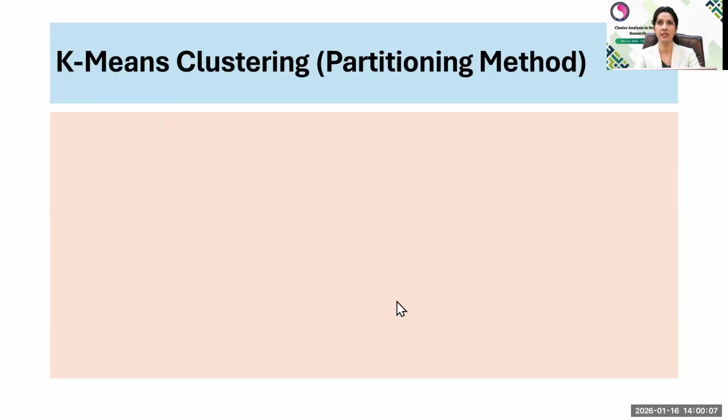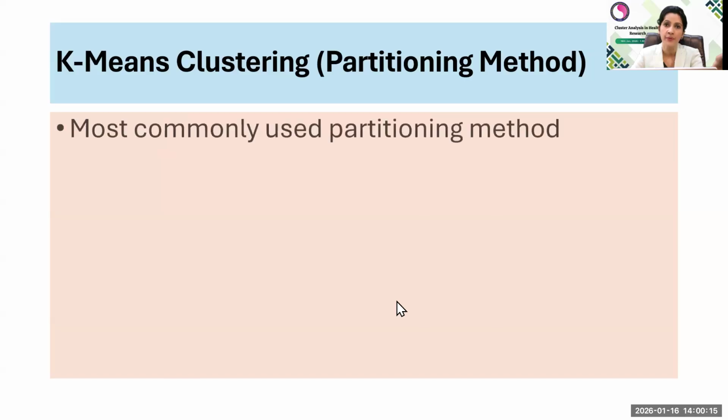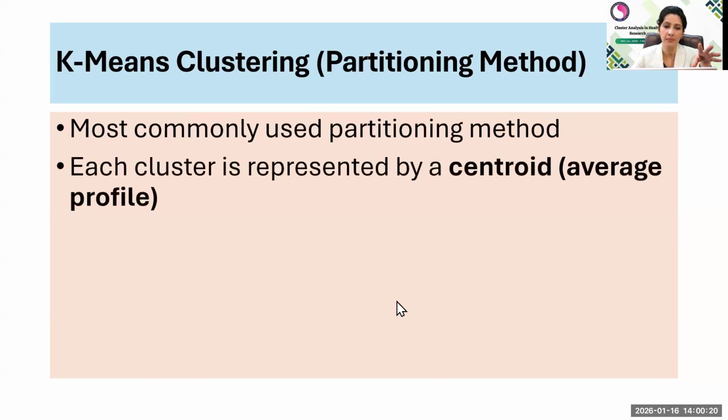K-means clustering is the most common type of partitioning method. Here each cluster is represented by a centroid. What is a centroid? Basically, a centroid is an average profile.